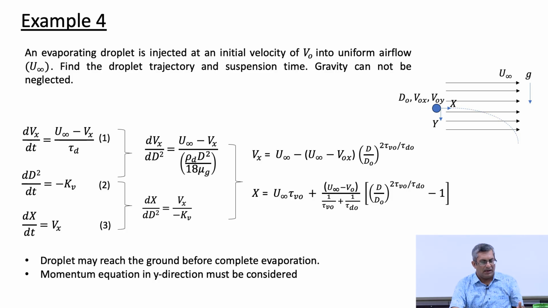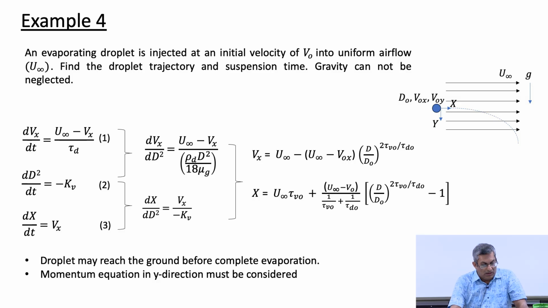So you can write a parametric equation representing the trajectory of the droplet. x is a function of particle size, y is a function of particle size, and for different particle sizes as it evaporates, you can calculate the coordinates of the droplet and see the trajectory of the droplet.